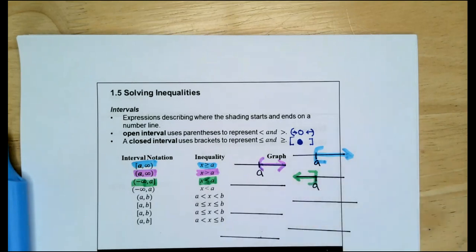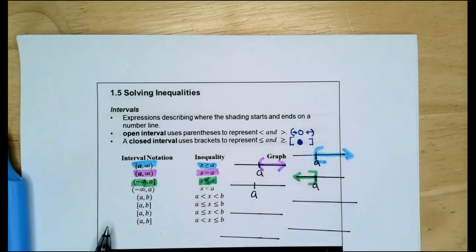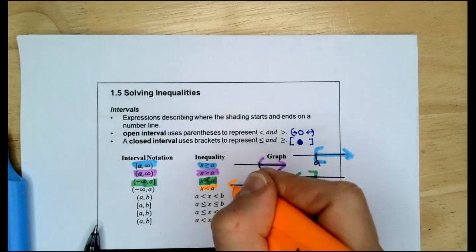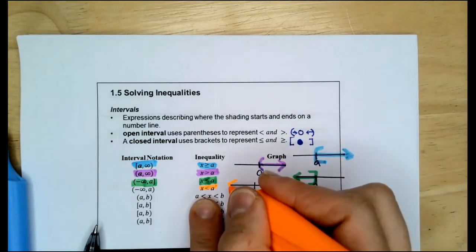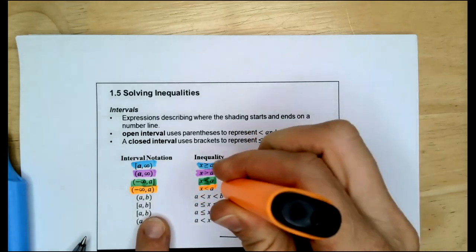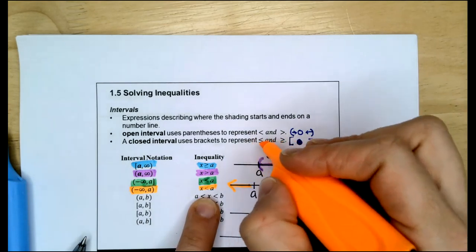The next one is x is simply less than A. So it's similar. Less than should still be going in the direction of that arrow. Less than arrow, arrow going in the negative direction. It's not going to include a bracket because brackets go with the equal sign.